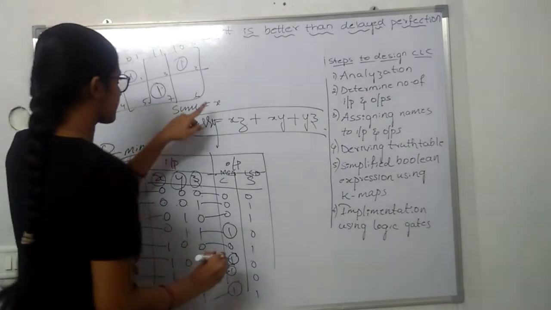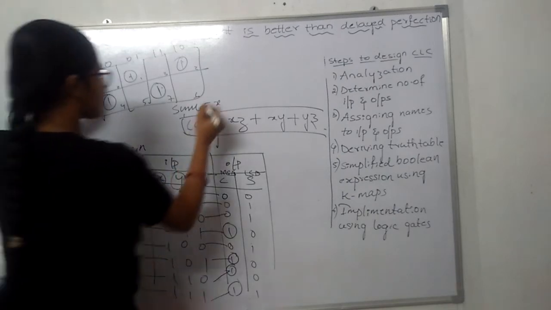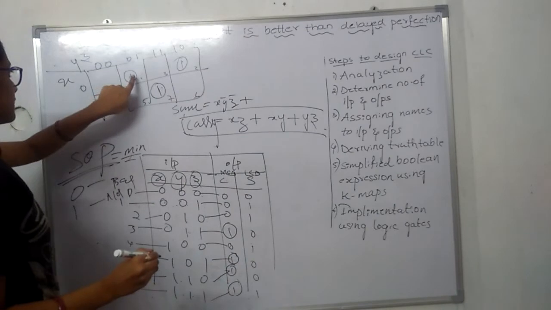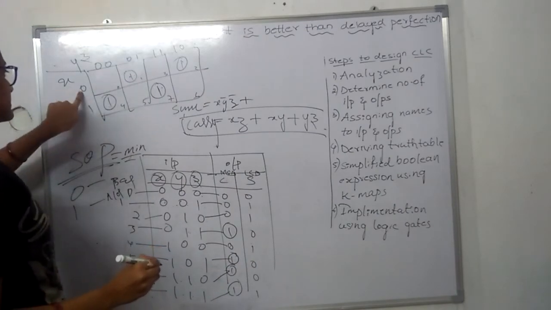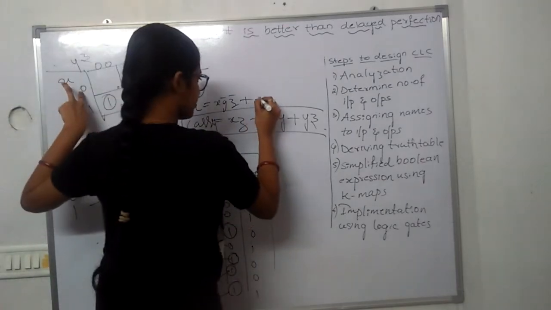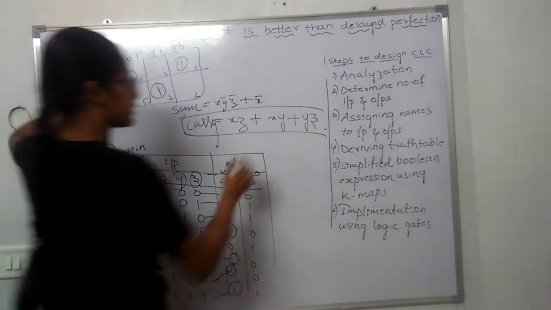Hope you know all these. Next one, see. Y, z bar plus. Here, as it is 0, we take x bar. And then here, 0, 1 means y bar z.